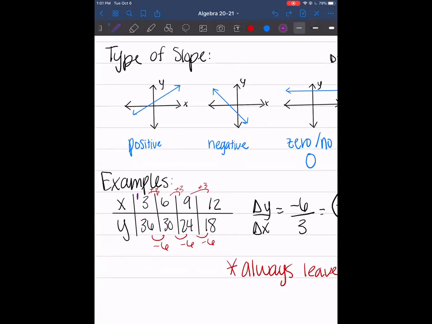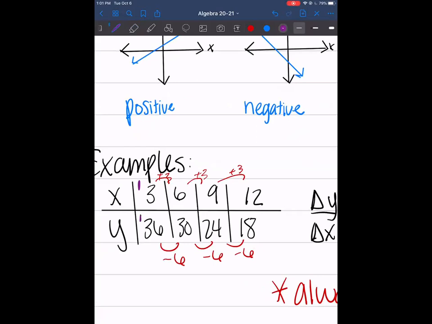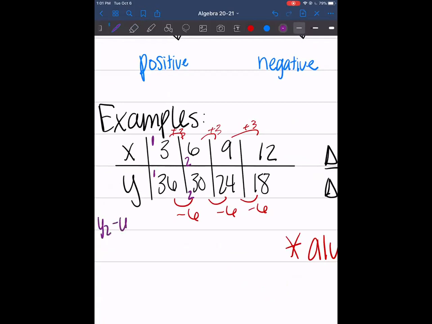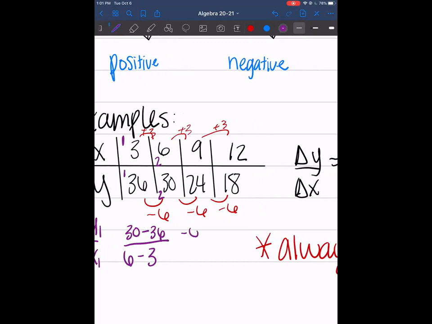So this is 1 as well. So this 3 is my x1, 36 is y1, 6 is x2, 30 is y2. So using the formula y2 minus y1 over x2 minus x1, I'm just going to put in those points. y2 was 30 minus 36 over x2 was 6 minus 3. So 30 minus 36 is -6. 6 minus 3 is positive 3, and we get the same answer for our slope.